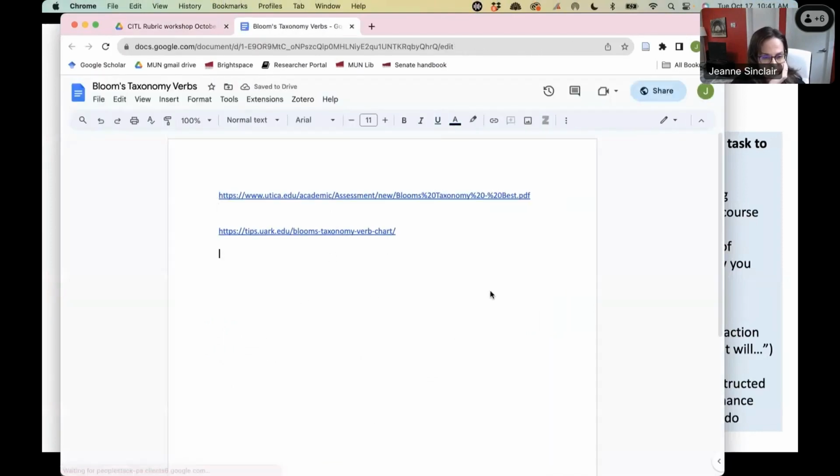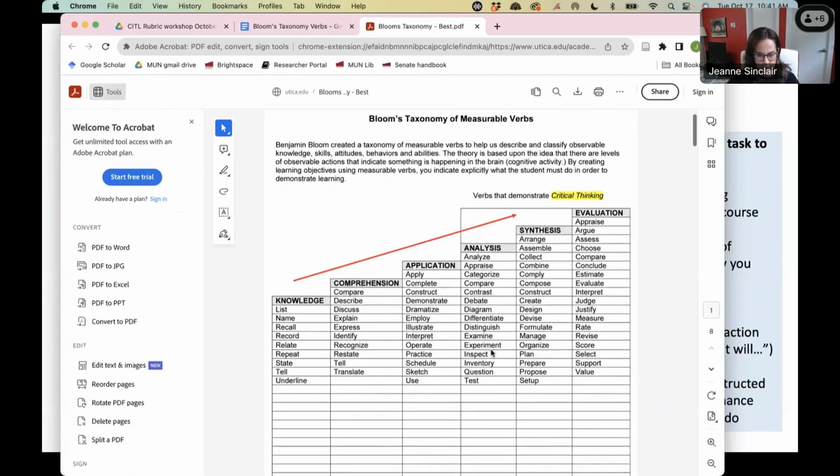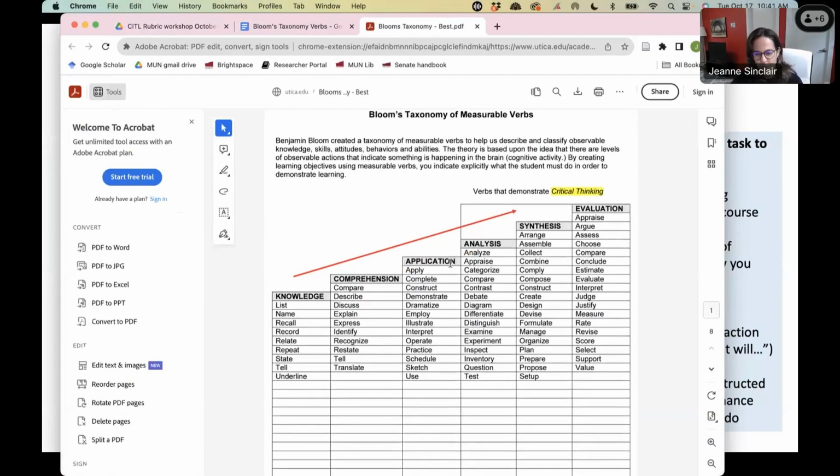There are two links in Bloom's taxonomy verbs that will take you to a hierarchy of verbs that relate to different levels of Bloom's. You can see this one is based on the old Bloom's because it stops up here at evaluation, and that's totally fine, don't worry. The idea is thinking, maybe up here in this upper range, what is something that you want students to be able to do? What's the objective? And we want to use one of these verbs to convey that objective.